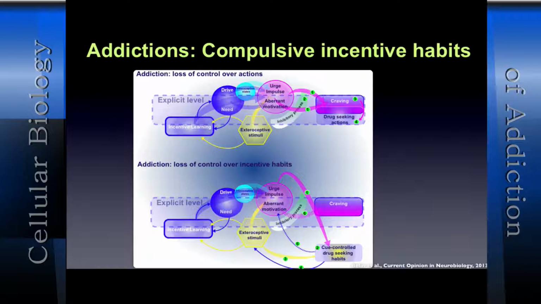Now, what if, instead of happening that way, sometimes everything starts the same way initially, but then the motivation is beyond the explicit level. You're not aware of your motivation. It's an implicit urge.